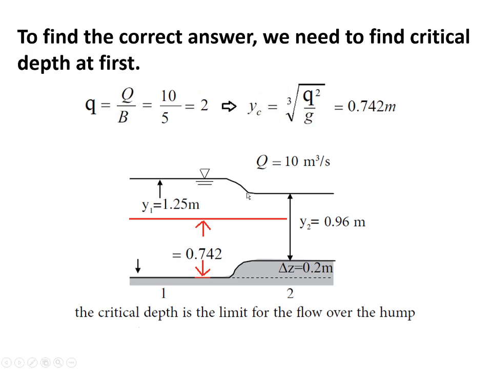For example, if the elevation drops from here up to here, it must pass the critical level, and it is impossible for this condition, and therefore the second elevation must be above the critical level. Critical level is 0.74.